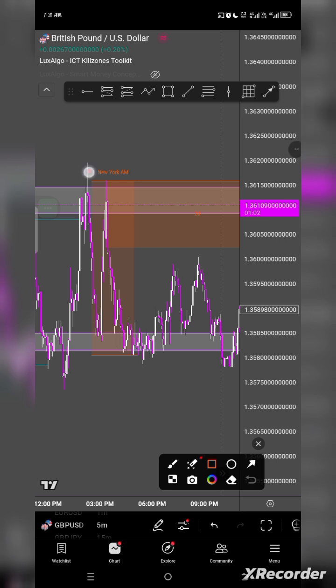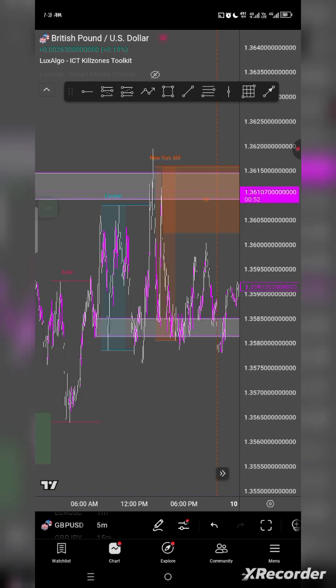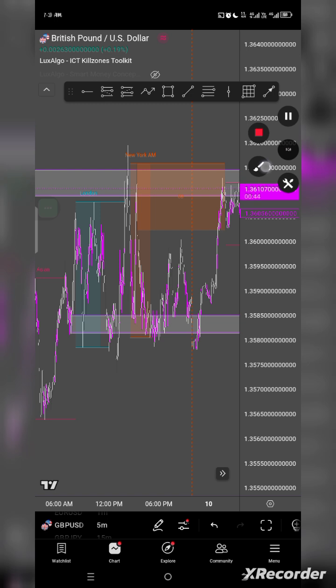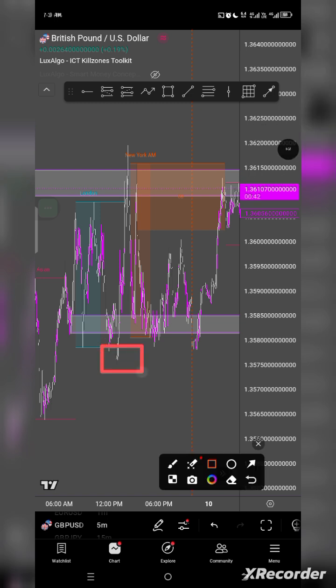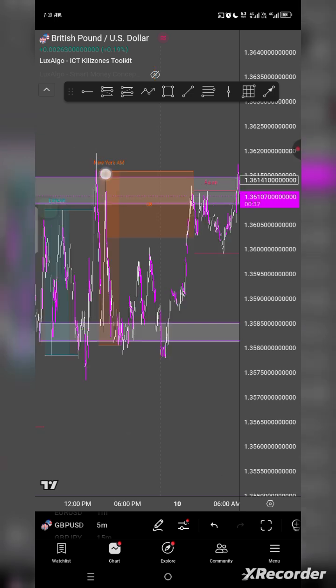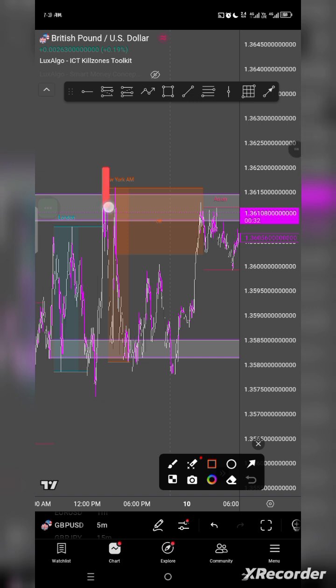So this region here, and this whole region here, you can see right there that market actually respected the zone that was there. Even though there was a candle close below, that's just a liquidity sweep. So you can see right here there was a liquidity sweep around here before price rallied back up. And here too, there was a liquidity sweep around here before price rallied back up. And that's that about that.